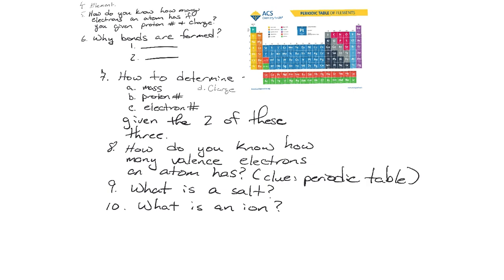So you have to know, if you want the electron number, you need to know the proton number and the charge on the atom or molecule in order to know the total charge on this atom. Does that make sense? So you need 2 to find the third. In all of these, you need 2 to find the third. So if you want the electron number, you need the proton number and the charge. If you want the mass number, you need the proton number and the neutron number, etc.